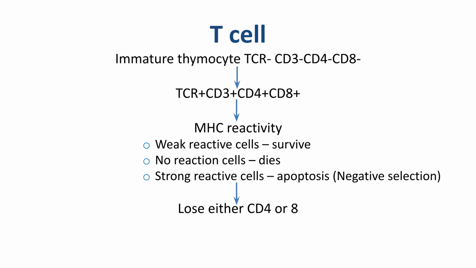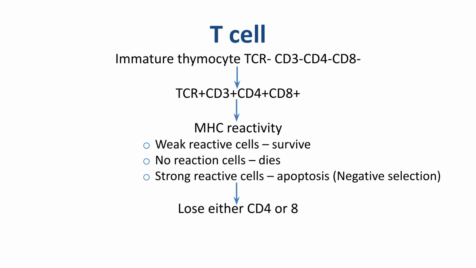These cells begin TCR gene rearrangement, a process similar to antibody gene rearrangement, creating enormous diversity. Successful TCR rearrangement produces double-positive thymocytes expressing TCR, CD3, and both CD4 and CD8 simultaneously. These cells now undergo selection processes, determining which cells survive.